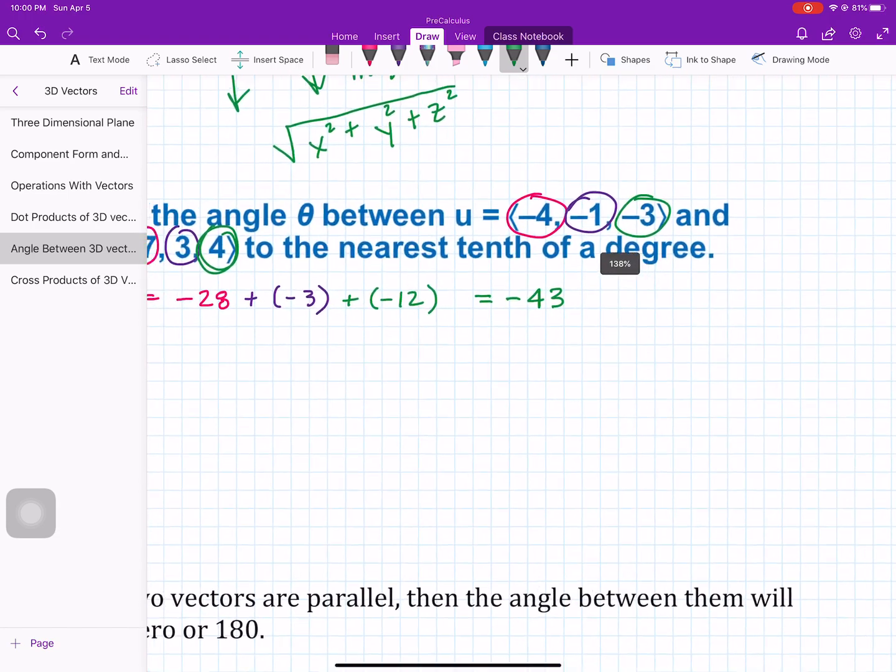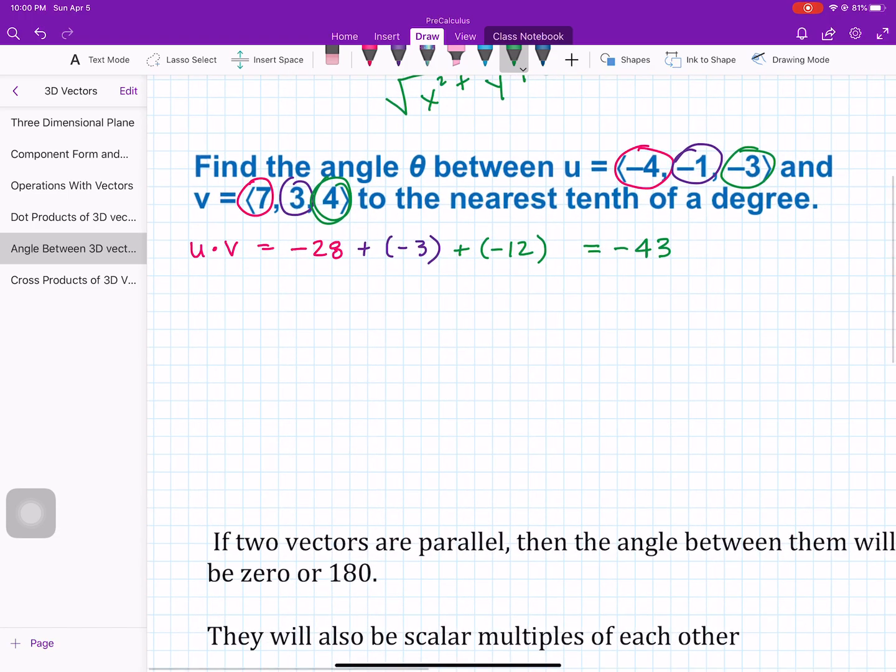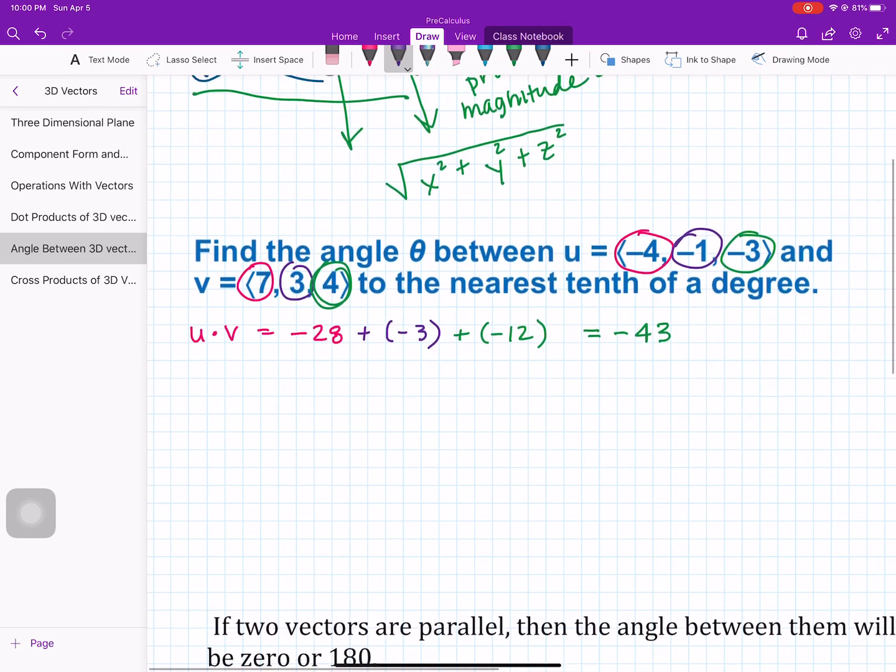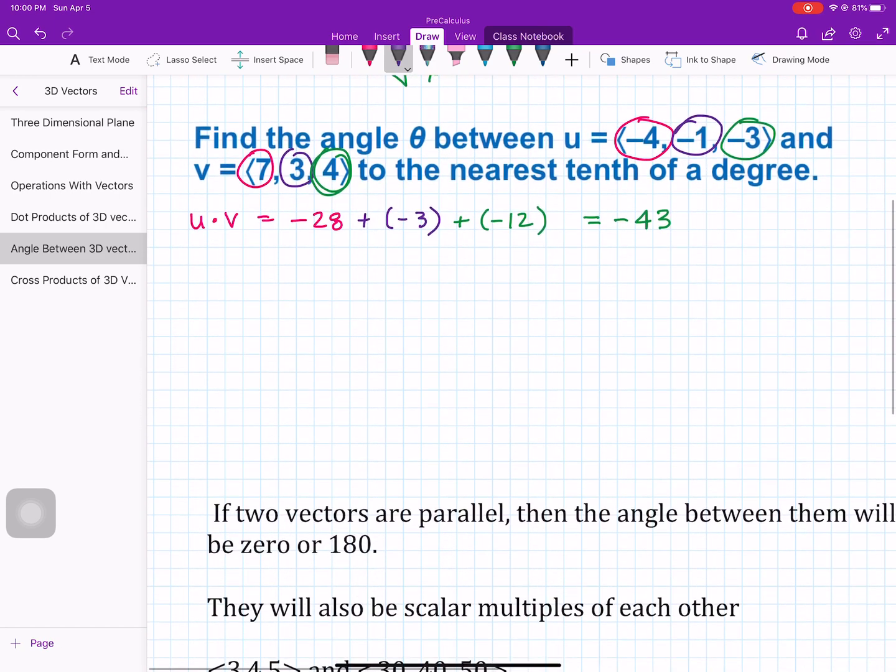Now let's calculate the denominator. To do that, we need to find our magnitudes. Again, to keep your answer exact, you want to wait till the last possible moment to put any decimal approximations into your calculator. So the magnitude of u is, the negatives don't really mean anything when you're calculating magnitude because you're squaring them.